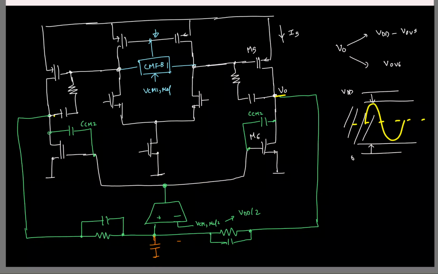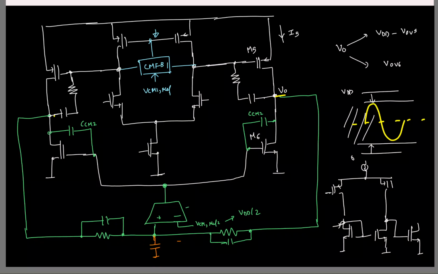So here the first stage is connected to an NMOS. So the output stage of my first stage should be an NMOS, right? Only then these two voltages will be compatible. Which means my input pair must be a PMOS. Something like this. Okay. So this should be a PMOS input OTA.